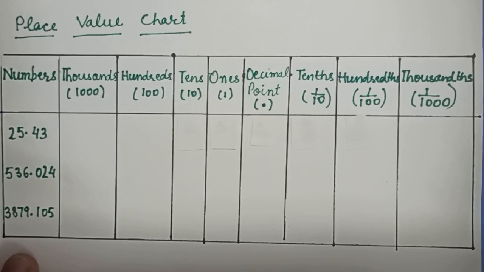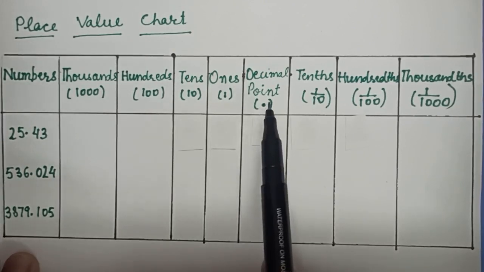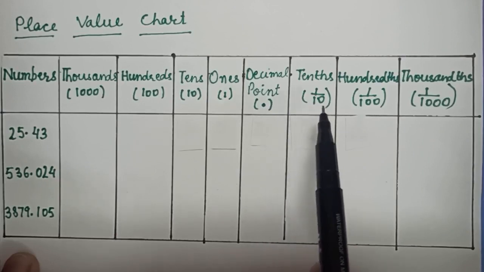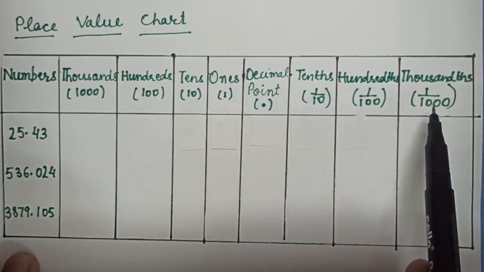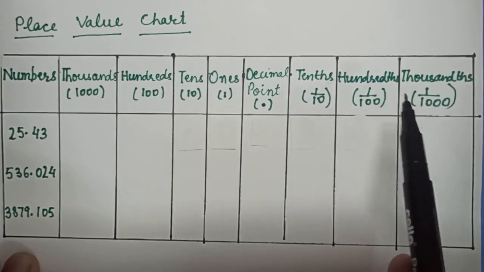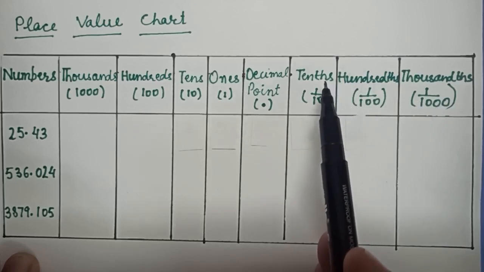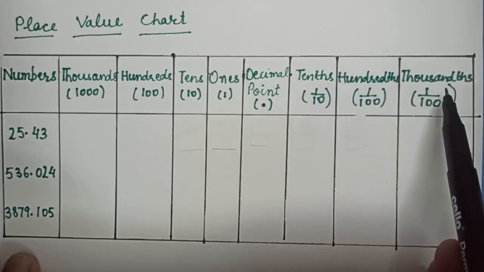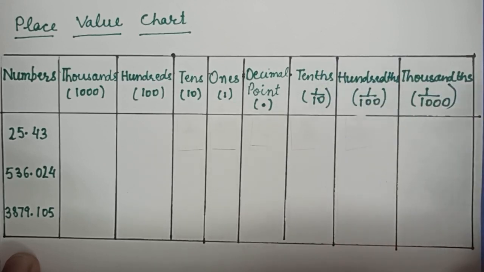Now let us understand the place value chart. In a decimal number, you all know, in the center we have the decimal point. Towards the right of the decimal point we will have the decimal part. In the decimal part, the first digit will be the tenths digit, the second digit will be the hundredths digit, and the third the thousandths digit, and so on.